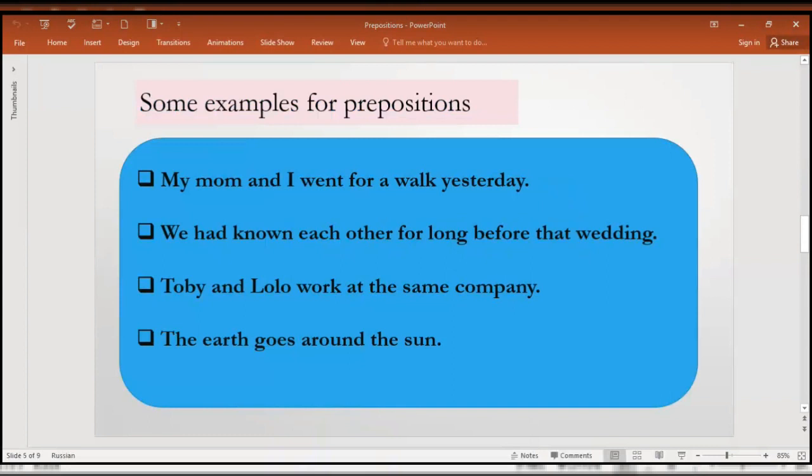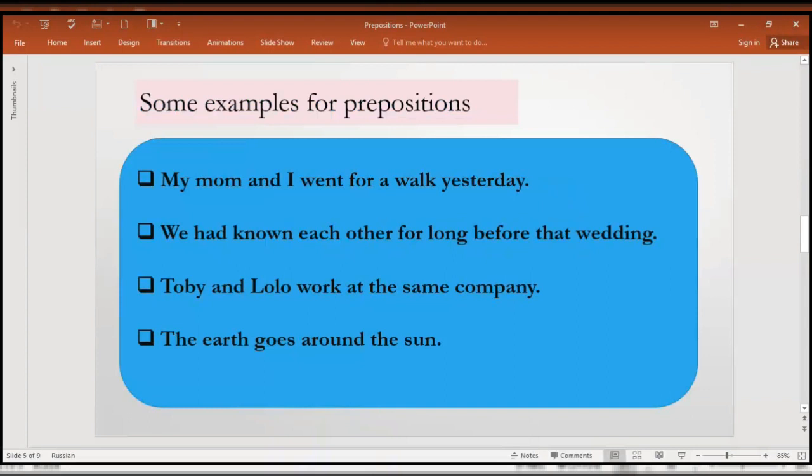The first sentence: my mom and I went for a walk yesterday. So you found out that for is a preposition here. The next one: we had known each other for long before that wedding. Yes, for and before are the prepositions here.